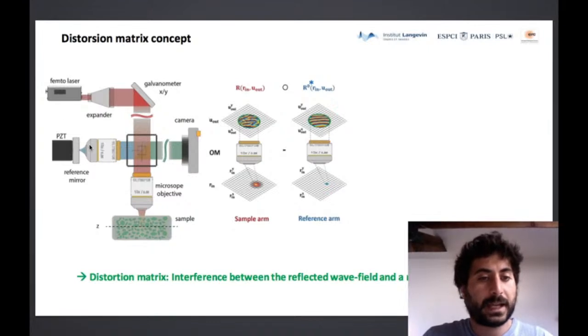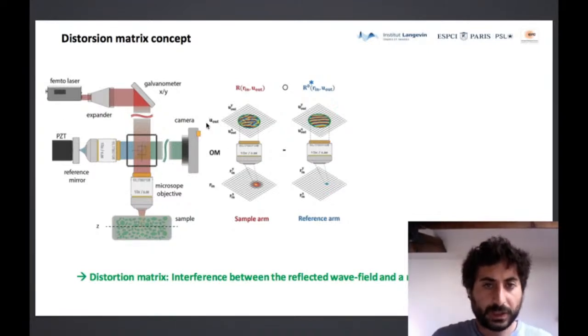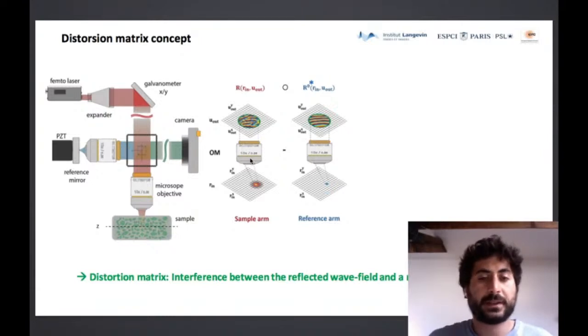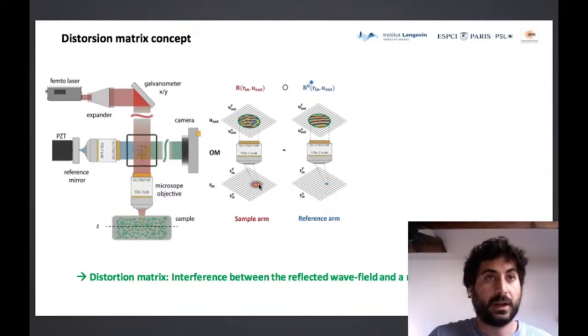So let's look back at the setup I showed you just before. To summarize, there is first the reflected part from the sample that contains two contributions. The first one is the geometrical part corresponding to the area on the focal plane where the focus is done, and also the distorted part, which corresponds to the aberration.